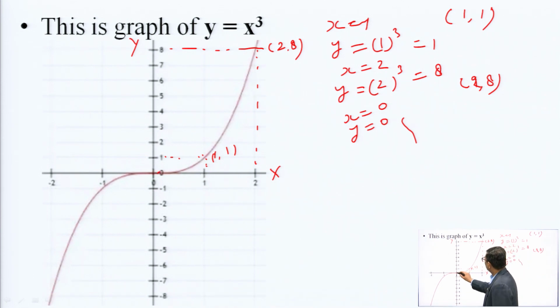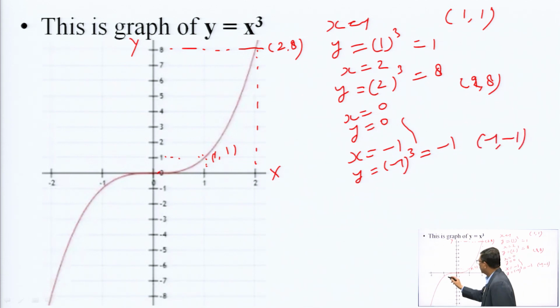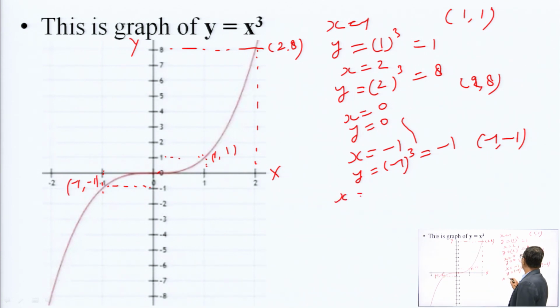If we join these points, we get this curve. In the similar manner, if we have negative values of x, that is x equal to minus 1, then y equal to minus 1 cube, that is minus 1. So, another coordinate is minus 1, minus 1. If x equal to minus 2, then y equal to minus 2 cube, that is minus 8.